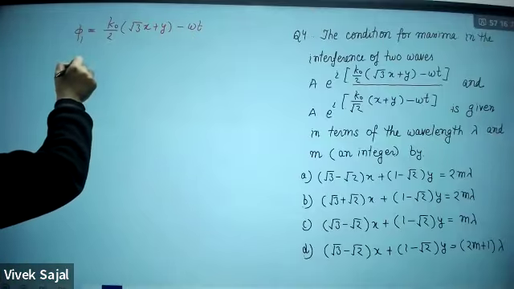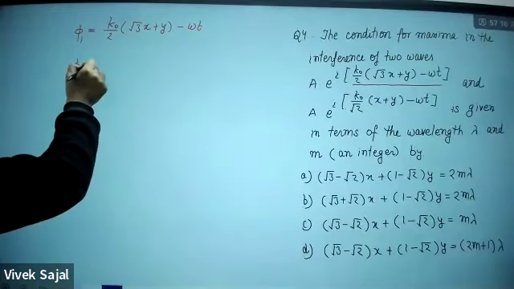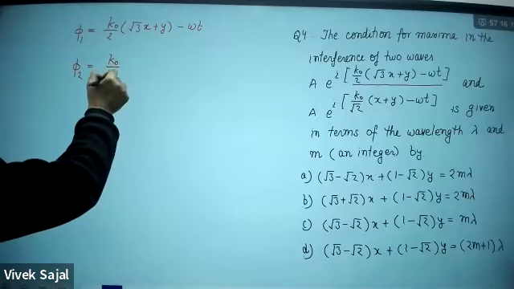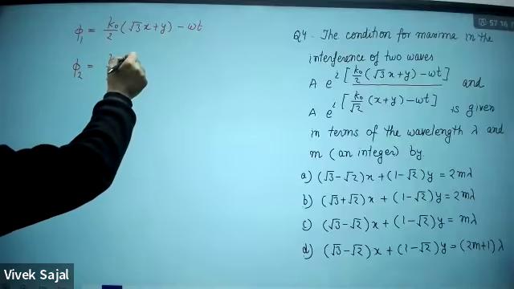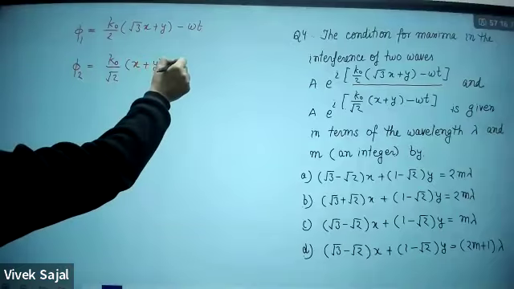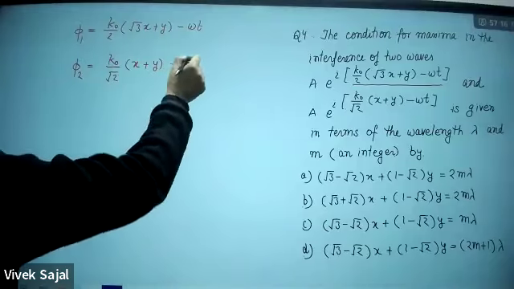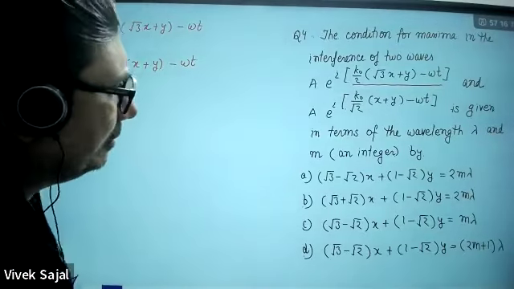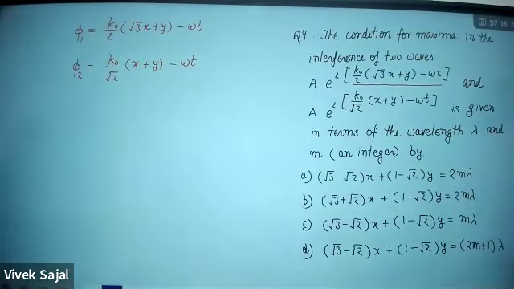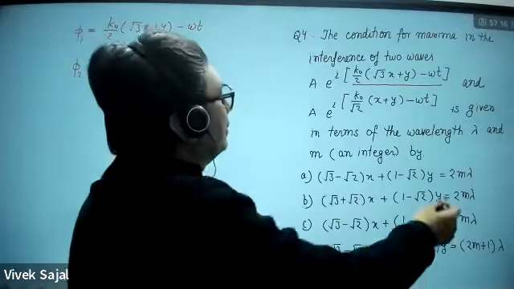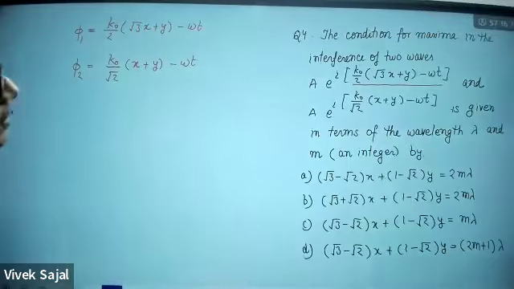Phi 2 for the second wave phase is equal to K naught by root 2, and this will be x plus y minus omega t. So find out the phase here. You have to find out in terms of lambda here. Okay. So these are the phases.